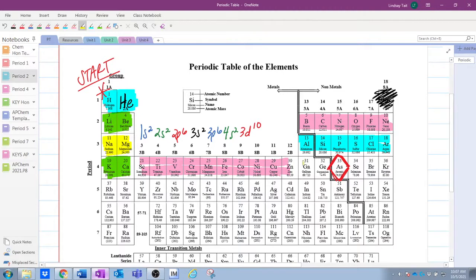And then you would end with over here would be what? It goes back to 4p, and then it would be 4p3 because arsenic's the third one over. Okay. So we'll start out with an even trickier one tomorrow, and then we'll talk about shortcuts and exceptions. Okay. But that's our basics for configuration.